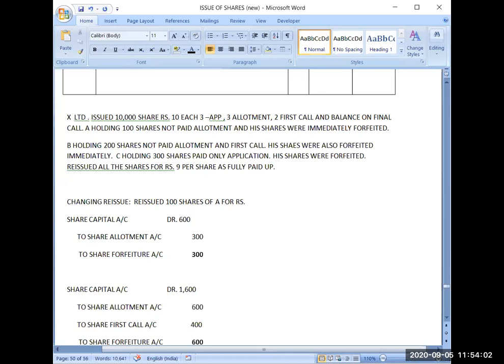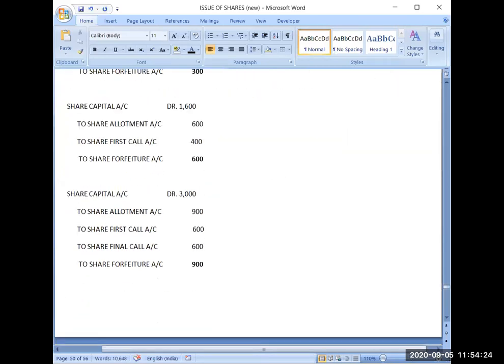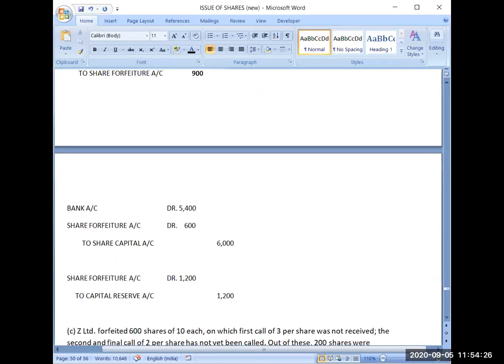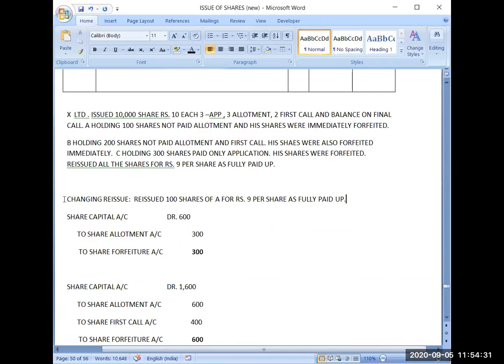First, we have to complete the forfeiture and reissue. 100 shares of A for rupees 9 per share, as fully paid up. Now you tell me the capital reserve and reissue entry. I will write this sentence here.